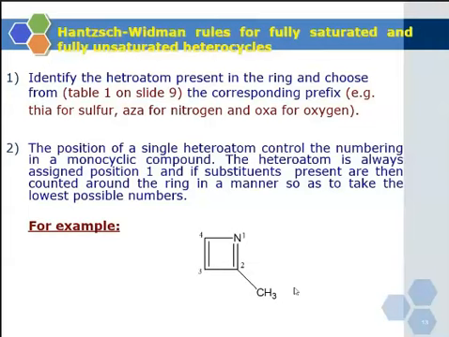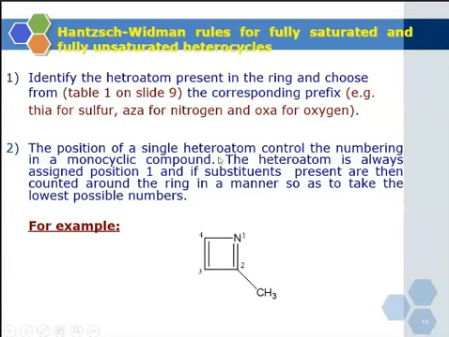For example, if sulfur is there, the prefix should be thia. If a nitrogen heteroatom is present in the ring, the prefix is aza. If oxygen, then oxa.